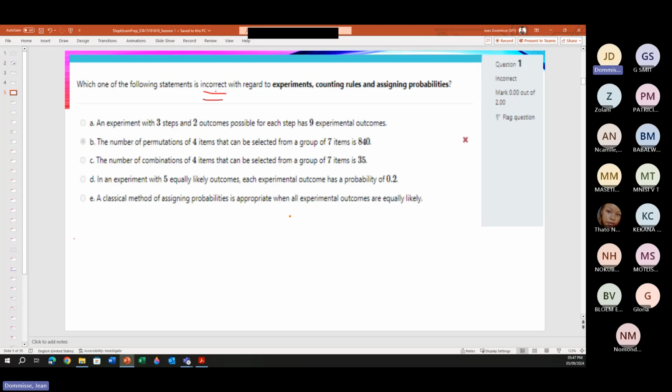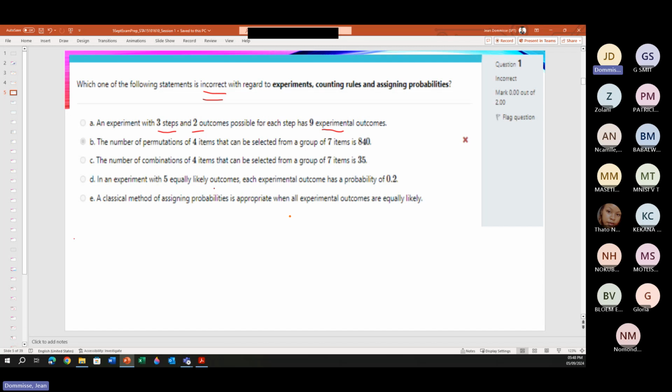Okay, which one is incorrect? So an experiment with 3 steps and 2 outcomes possible for each step has 9 experimental outcomes. So we are basically looking now at questions with permutations.